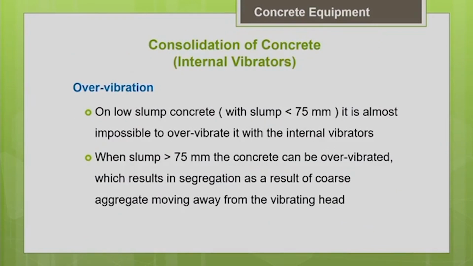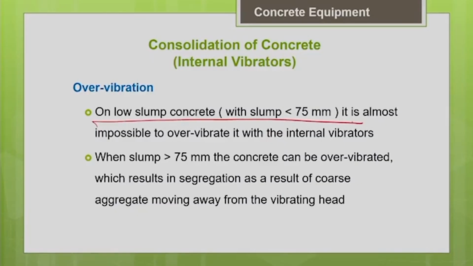Another thing you should keep in mind is that we should never over vibrate the concrete. If you over vibrate, it will result in segregation of your concrete. Generally the chances for over vibration will be there only in highly consistent mixes, in flowable concrete.